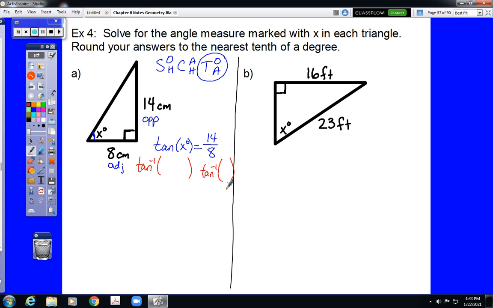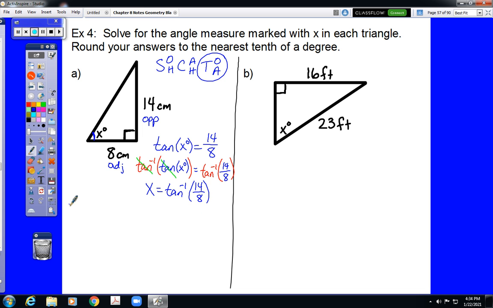Okay, so when we take the inverse tangent of each side, we're looking at the inverse tangent of the tangent of x equals the inverse tangent of 14 over 8. Now what happens is the tangent and the inverse tangent cancel each other out because they're inverse functions, and we're left with x. So x is equal to the inverse tangent of 14 over 8.